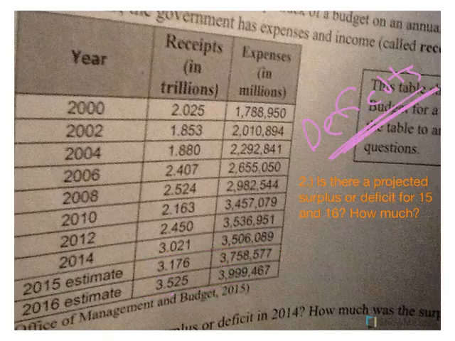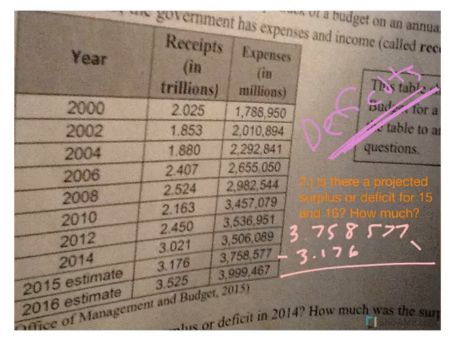Now to figure out how much, again, we're going to do a little bit of subtraction. So you either can write it all the way out, or if you want to do it in scientific notation, again, this is 2015, you would take 3.758577 minus 3.176, because this is times 10 to the 12th, so it's in trillions.